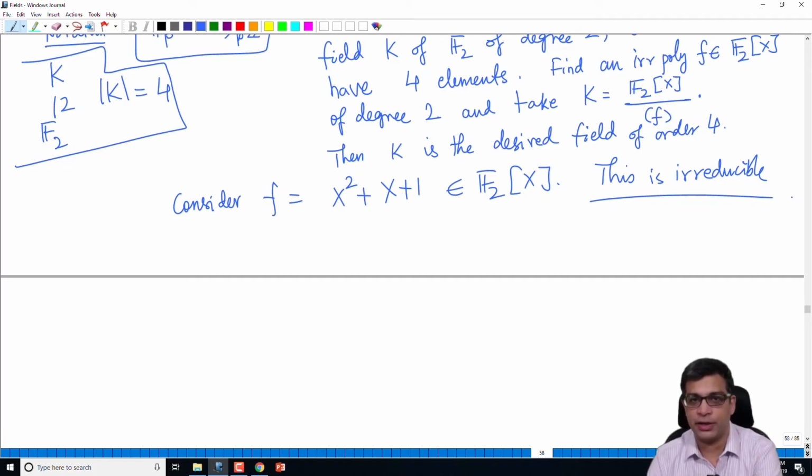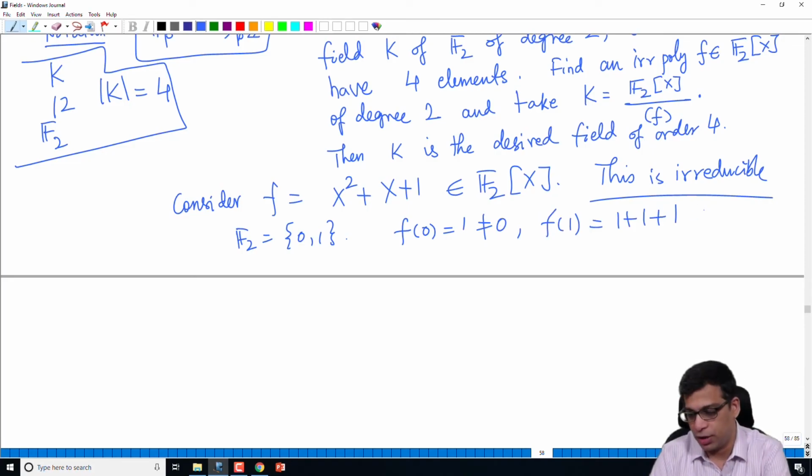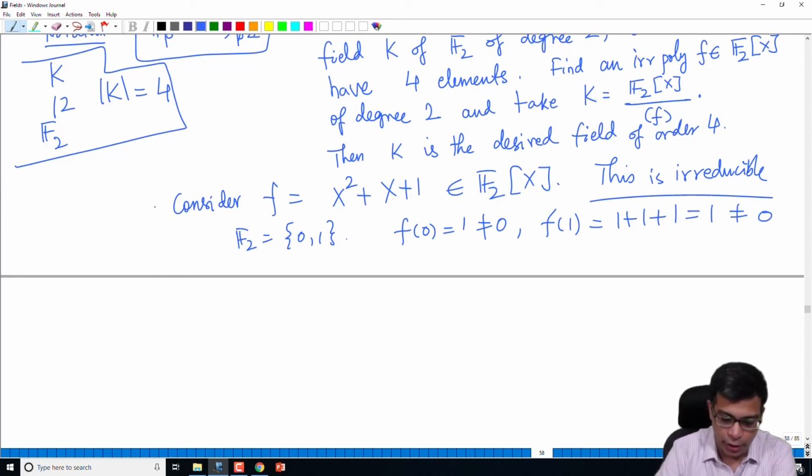All we need to check is that it has no roots, because if it is reducible, it splits, and because it's degree 2, the factors have to be linear, and a linear factor corresponds to a root. So, does it have a root or not? F_2 has only two elements, which we call 0 and 1. So f(0) is 1, which is not 0, and f(1) is 1 plus 1 plus 1. What is 1 plus 1 plus 1 in F_2? That's also 1, because that's 3, which is 1. So f has no root, so it's irreducible.